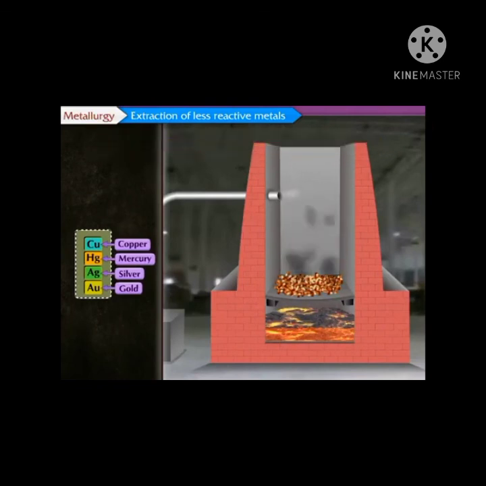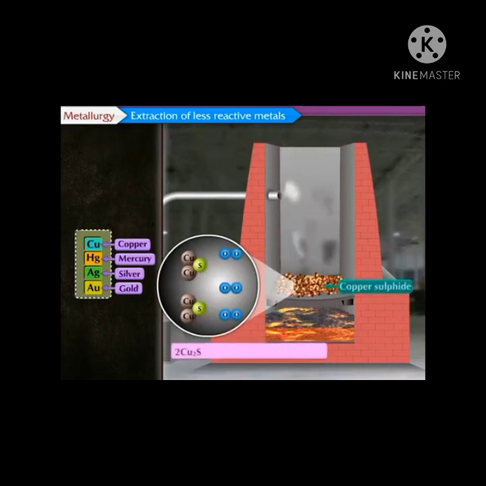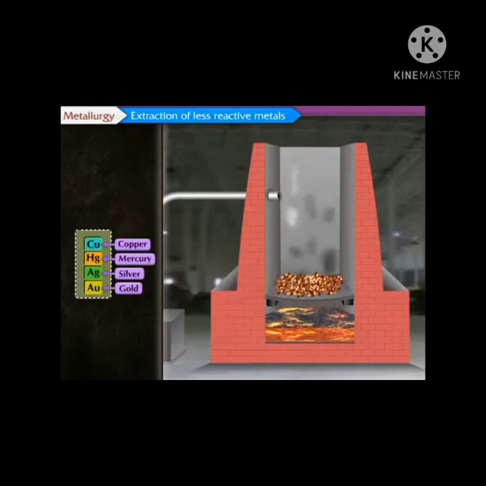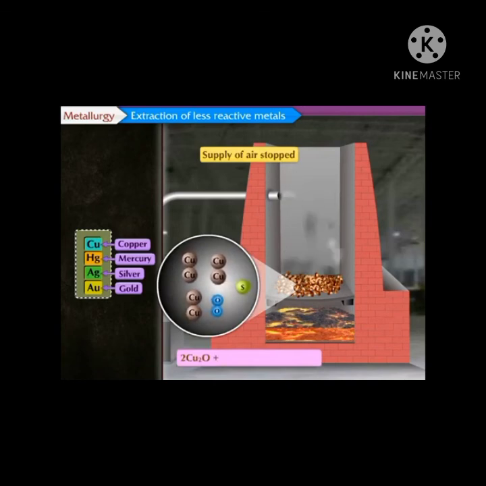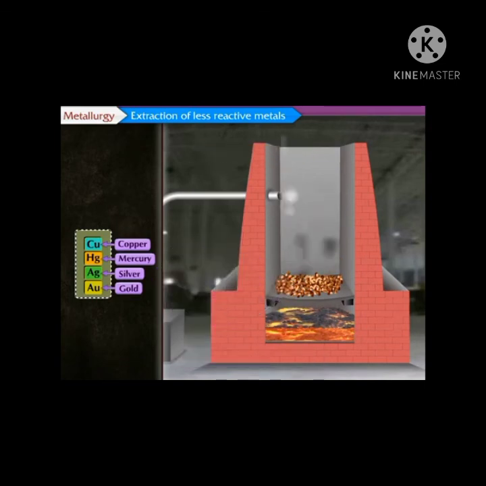When the copper sulfide ore is heated in air, part of the copper sulfide is oxidized to copper oxide. Sulfur dioxide is also formed in the reaction. When the supply of air is stopped, the copper oxide formed earlier reacts with copper sulfide to form copper metal and sulfur dioxide.